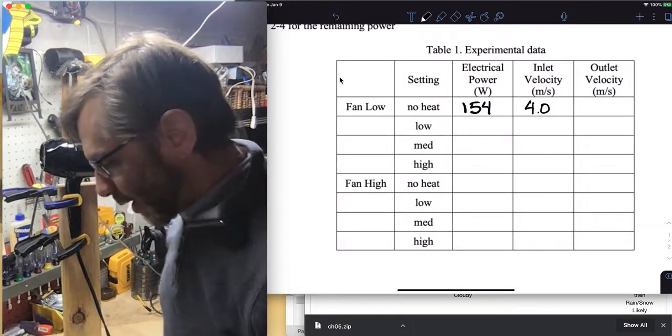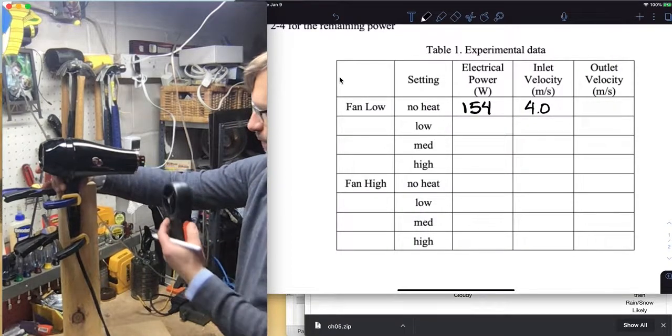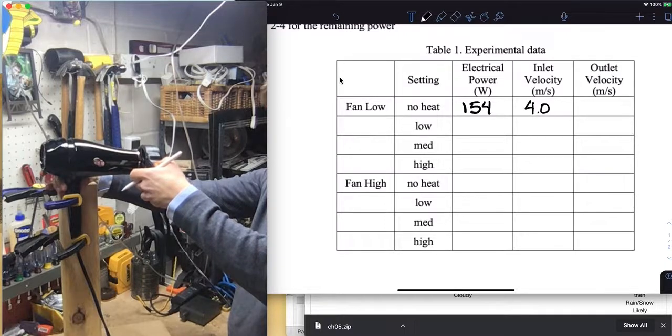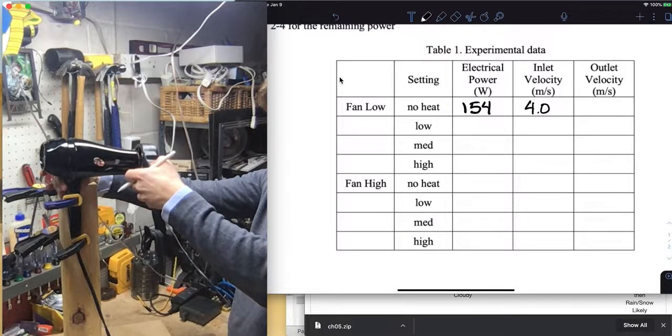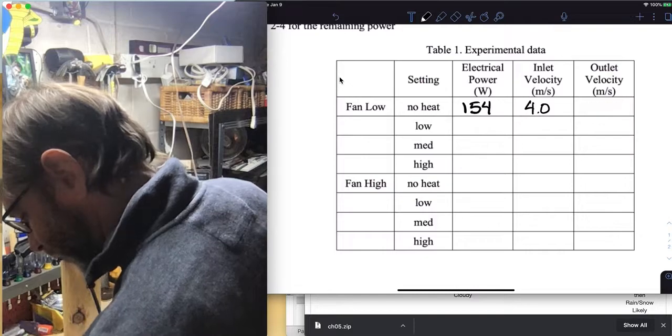Okay? The next thing we're going to do is measure the outlet velocity with the heater off. About 9.6.